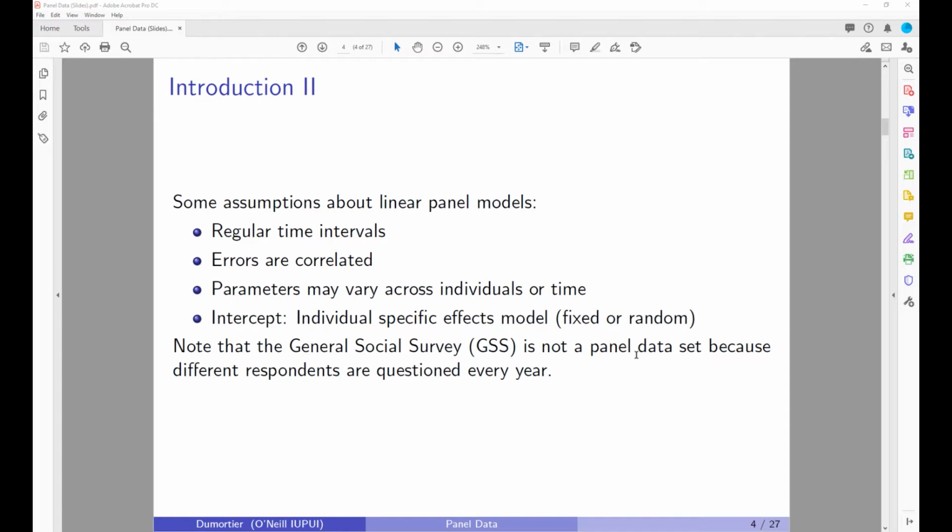Now, we have seen so far that the intercept is usually not very important when we are talking about ordinary least square models. In the case of panel data, the intercept actually becomes very important, because the intercept captures effects that are specific to the individual and do not change over time.